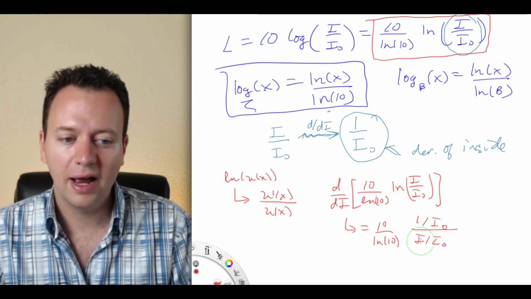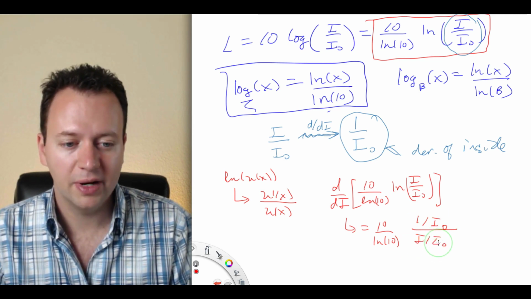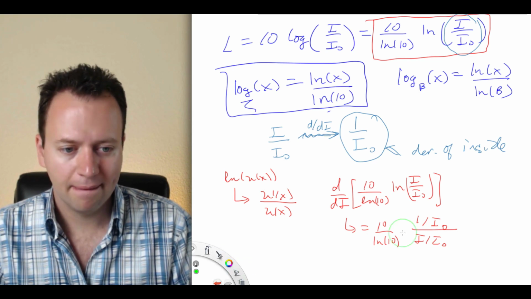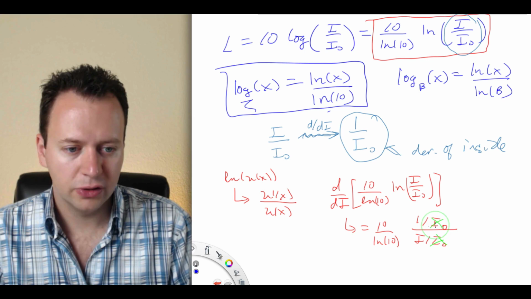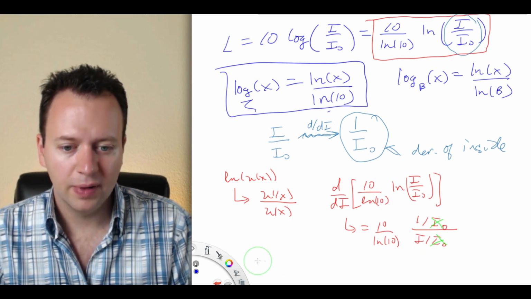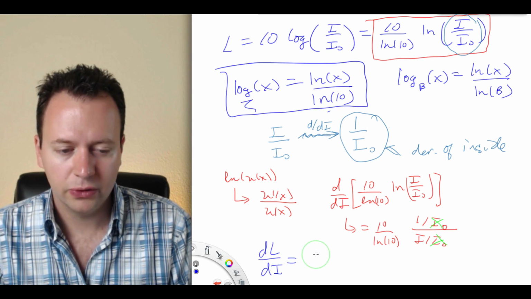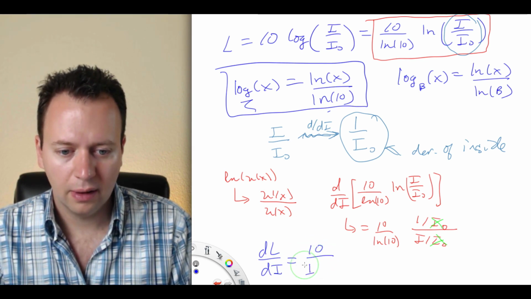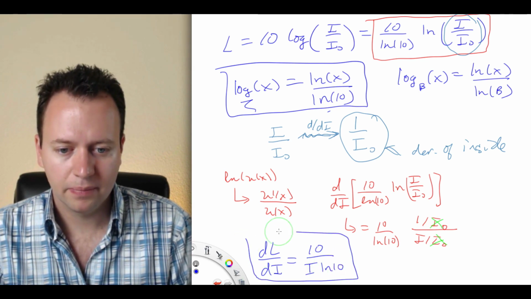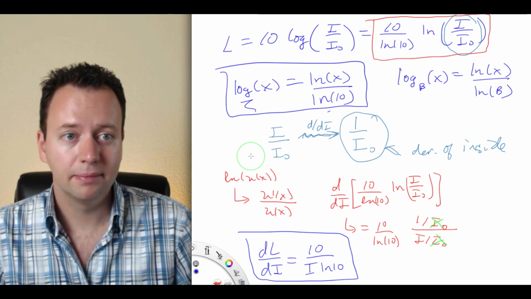Now the 1 over I naught in the numerator and the denominator cancel. So this one cancels with that one. So we're left with just 1 over I. So basically dL/dI is equal to 10 over I ln of 10. Just like that.